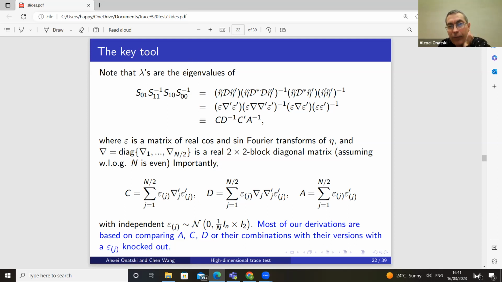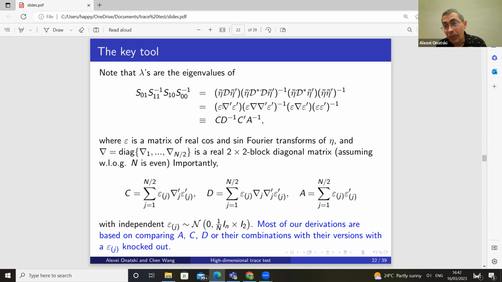Now, these four matrices, I already told you, were related to the Fourier transform of the data under the null. It's simply the Fourier transform of noise, and there will be this diagonal matrix D. Unfortunately, of course, Fourier transforms are complex valued, and this diagonal matrix is complex valued. There will be complex valued things there. So I want to make everything real valued. So instead of the complex valued Fourier transform, I will consider real valued Fourier transforms.